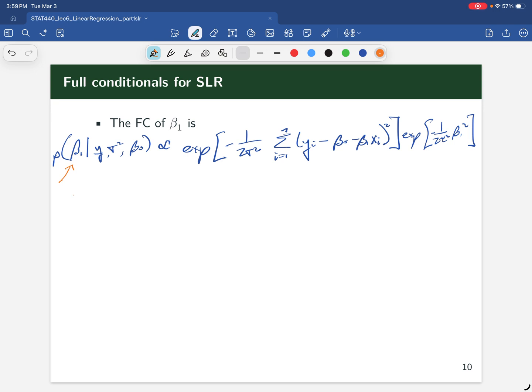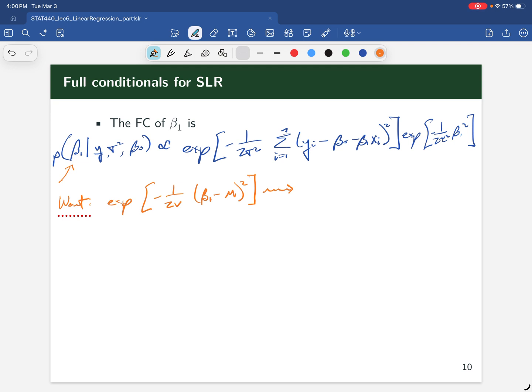And so what we want is something of the form e to the -1 over 2, I'll call it v, (beta 1 minus m) squared. Eventually, we're going to have a mean, which I'm calling m. We're going to have a variance which I'm calling v, and the argument of my function is going to be beta 1 because this is a posterior for beta 1.